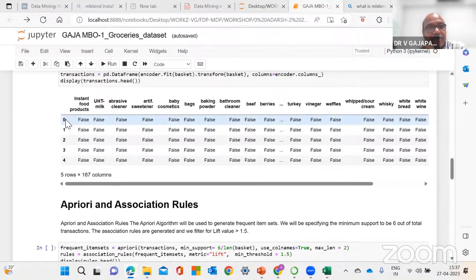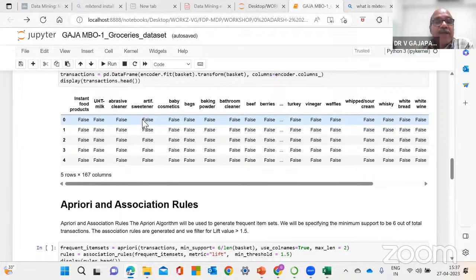This is called a vector. The row at index 0 will have false, false, true, like that. This becomes a vector.